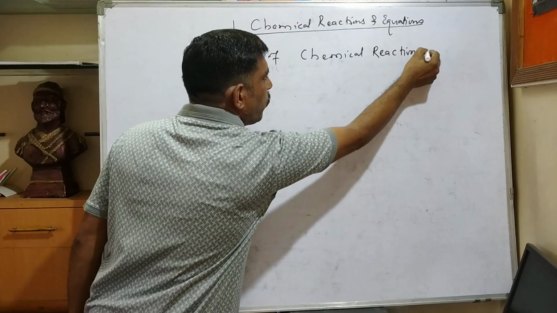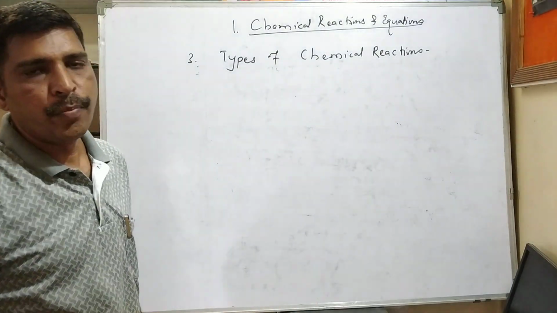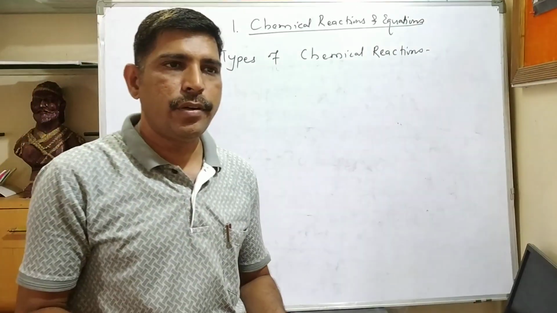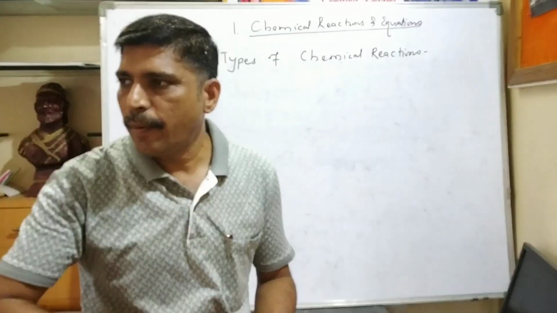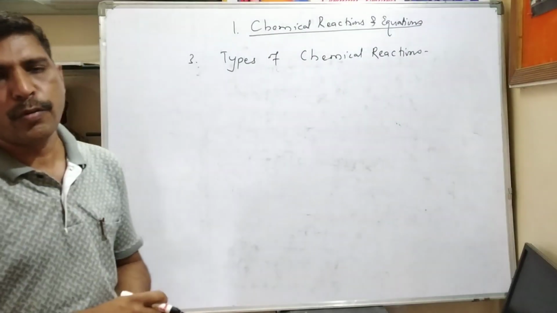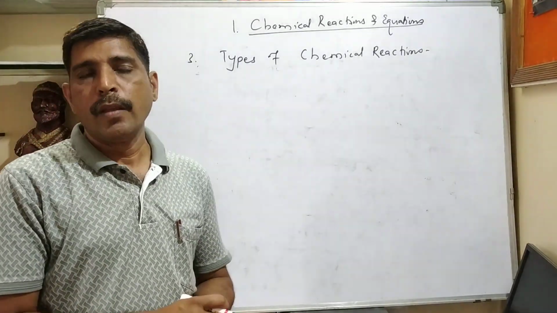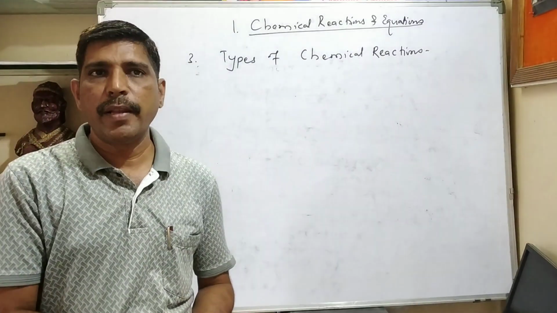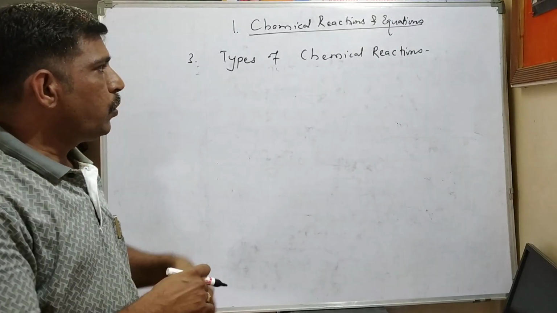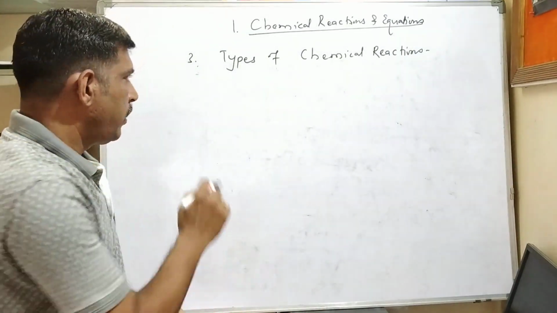It is a very important point, because in nature and in the chemical laboratory, so many reactions take place. Some reactions are feasible, some are not feasible, so we have to make them feasible under suitable conditions. So we should know the different types of chemical reaction.